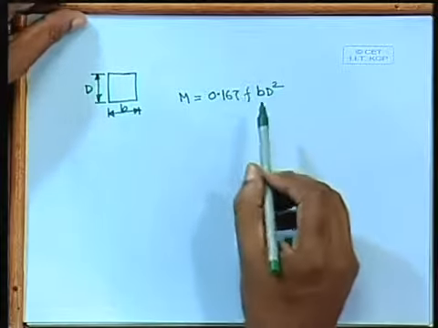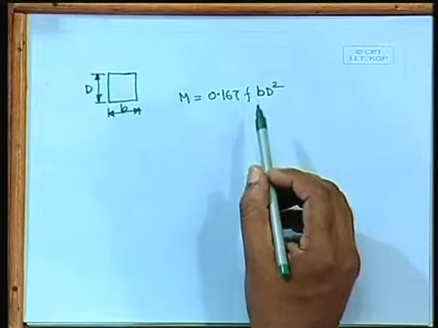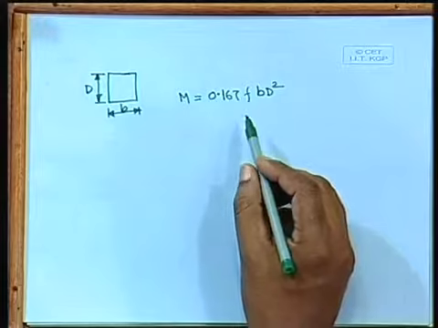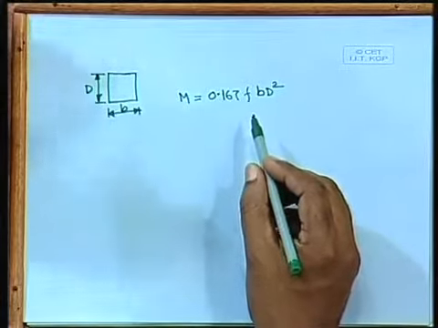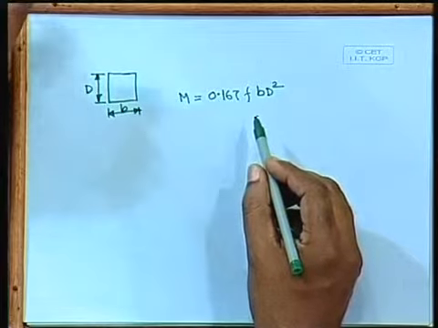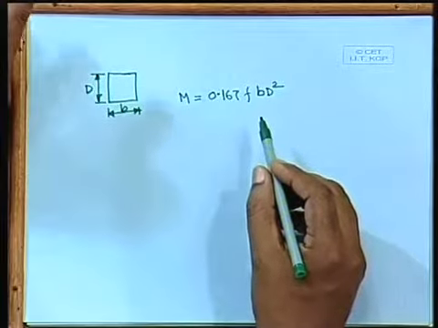So, the equation becomes very simple and handy, and we can find out the moment of resistance of that particular section, the section you are going to provide. If you know the moment, you have to provide the moment of resistance.